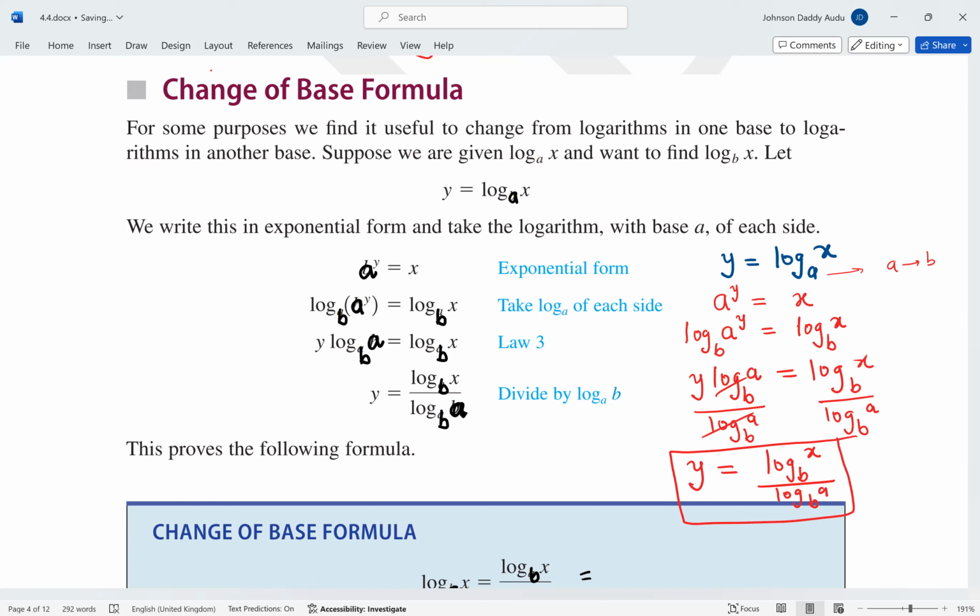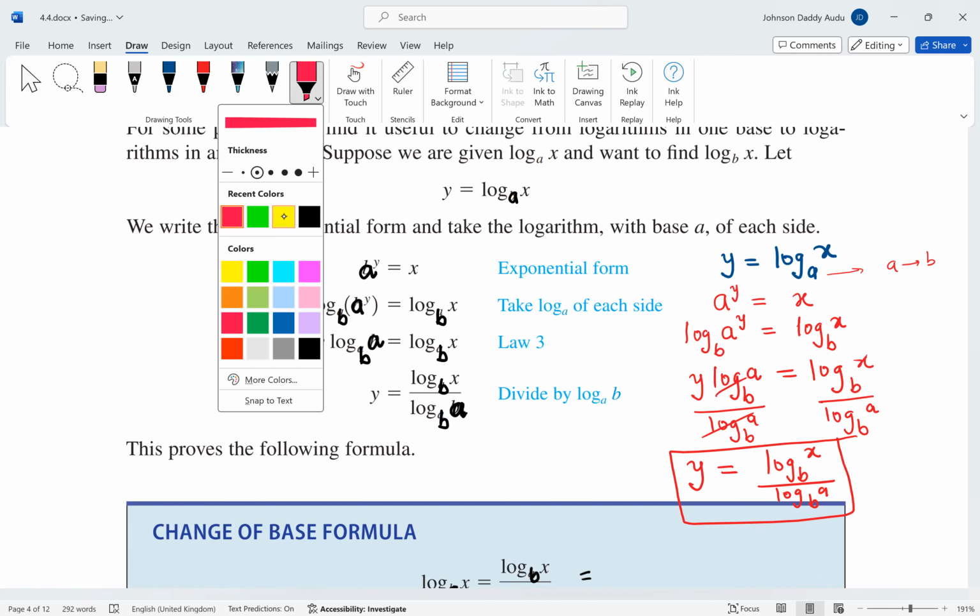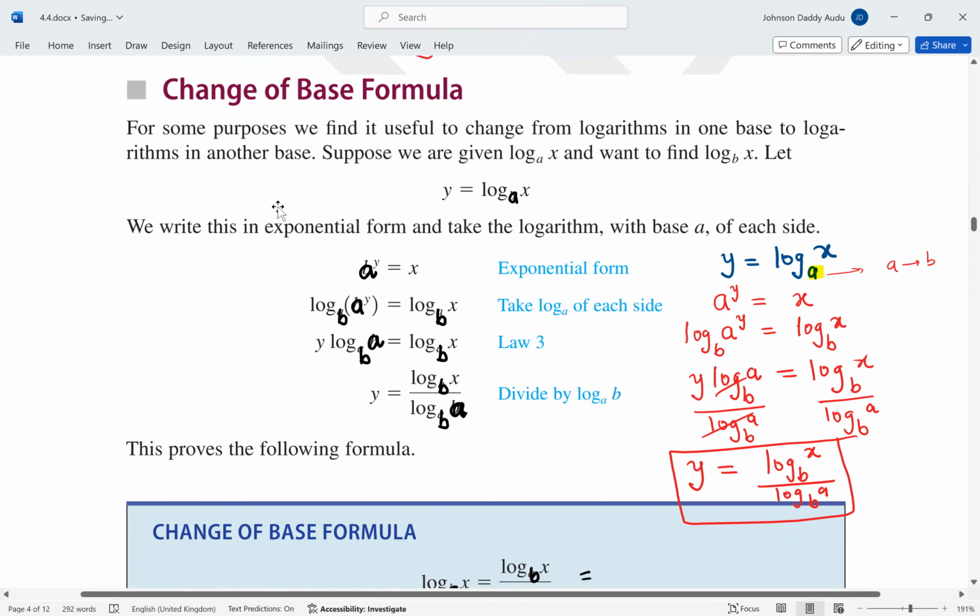Now please notice that things have changed here. The base has changed. The base for y used to be a, but if you go back here, the base now becomes b, because now it's log to base b of x.